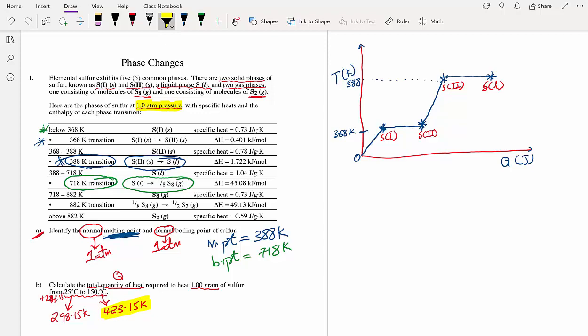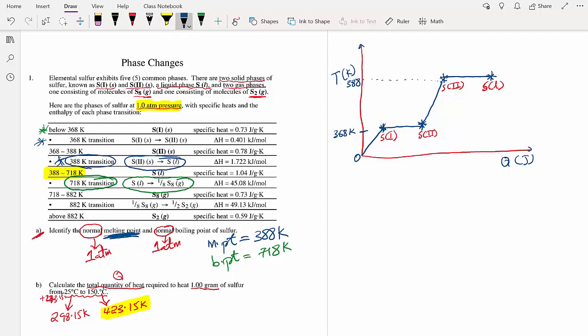423.15 Kelvin. But the next data on this table is that we can now heat sulfur so that its temperature would increase from 388, but we only want to stop at 423.15.